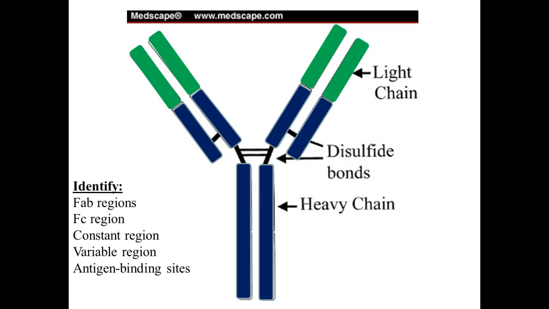That protein structure is going to be made the same way. So again, the immune system can interact with this protein and know what it's dealing with. So variable region and constant region.